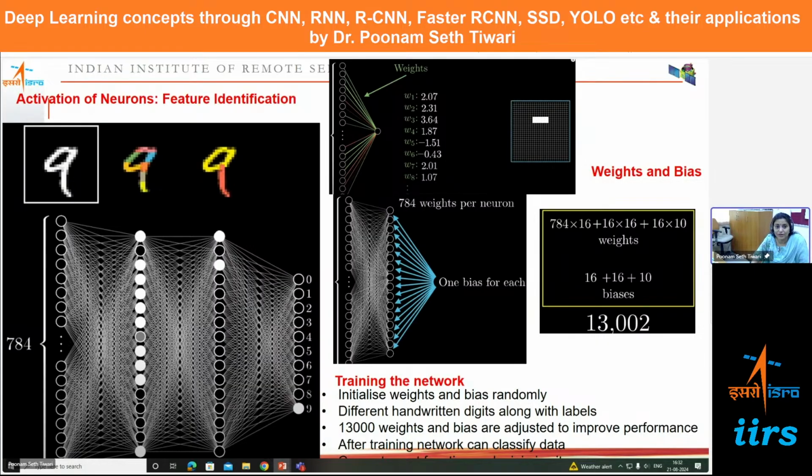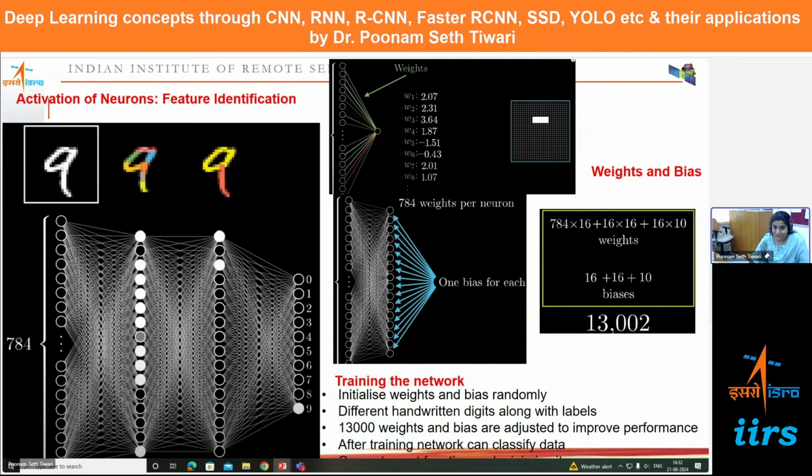We cannot stop here. We also have biases. So the biases are 16 for the second layer, then 16, and then 10. When you sum it all up, it comes to around 13,000 weights and biases that have to be adjusted.